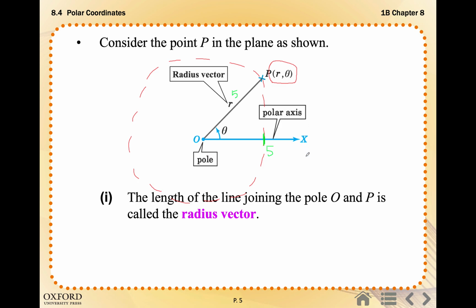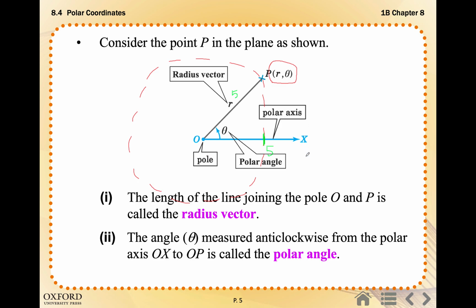And next is the other element, that is theta. Theta we call the polar angle. For this polar angle, we always use the measurement from anti-clockwise, and from which part?